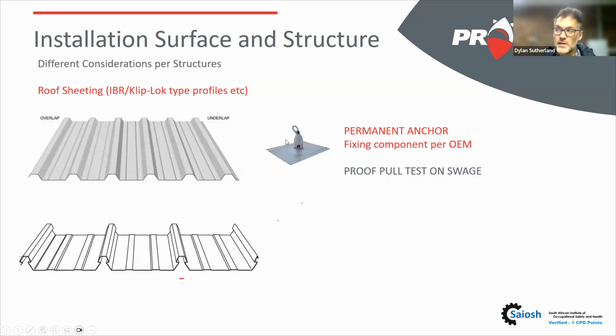One more on that is, quite often what we see is somebody will go and install an anchor point and then install another anchor point 10 meters down the line so that we can save costs. Now, if we think about that practically, that means the person that's going to work on the roof needs to get to the first anchor point and connect. They then need to pull a piece of rope, potentially 100 meters long, depending on how far they need to go, and every 10 meters connect to it.